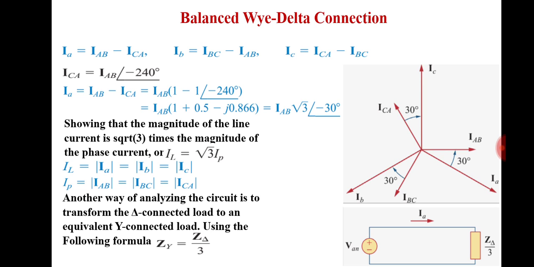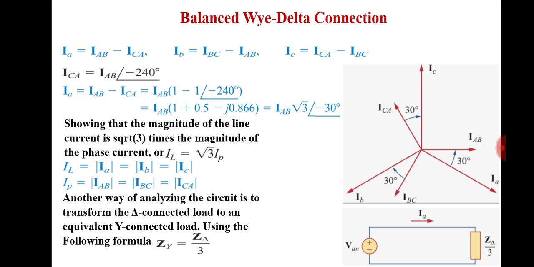Now IA is equal to IAB minus ICA. Similarly IB is equal to IBC minus IAB and IC is equal to ICA minus IBC.